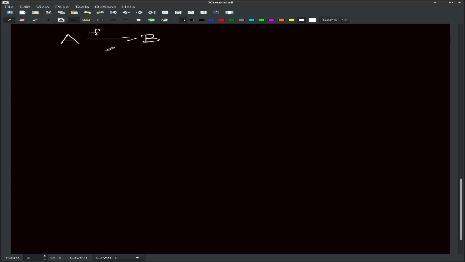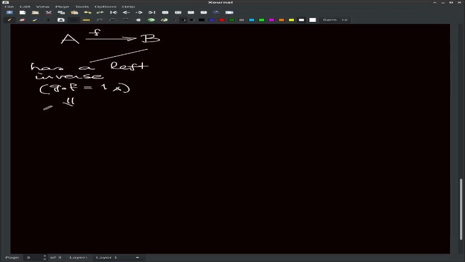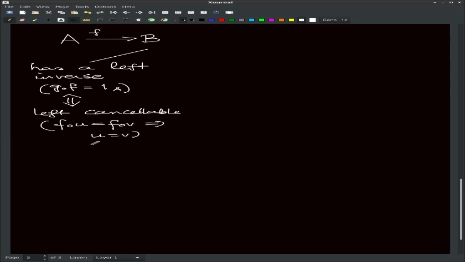For a function f, it has a left inverse, so that means there is a function g from B to A such that g composed f is the identity of A. This is the same thing as saying it is left cancelable, which means f∘u = f∘v implies u equals v.